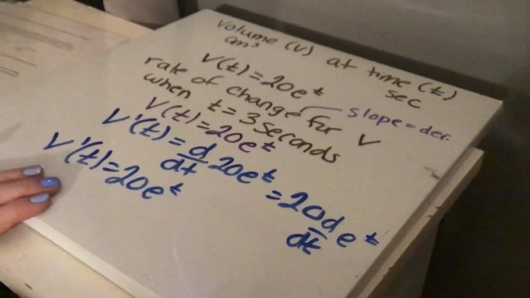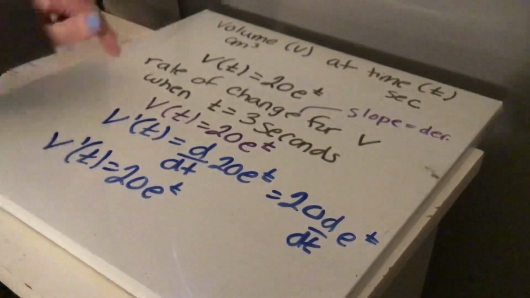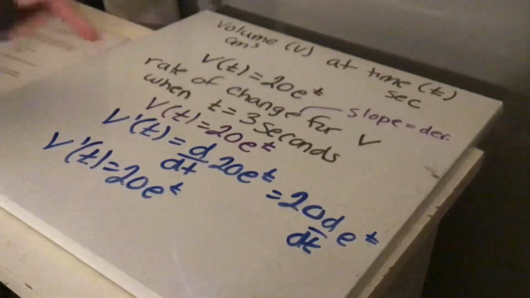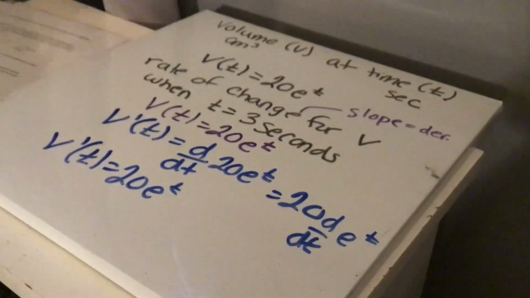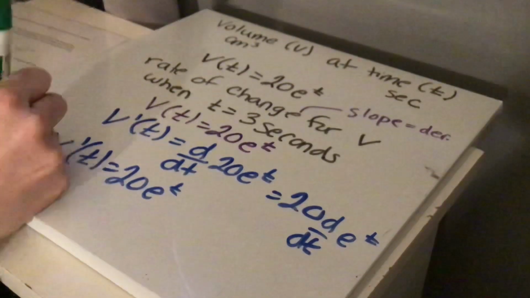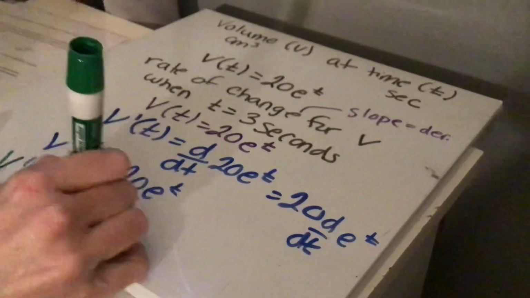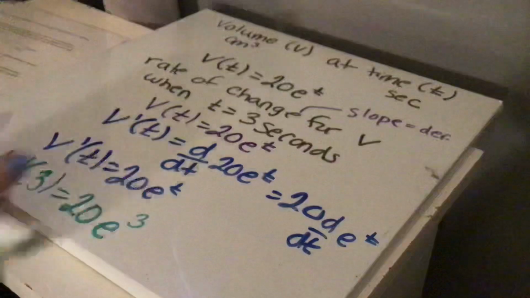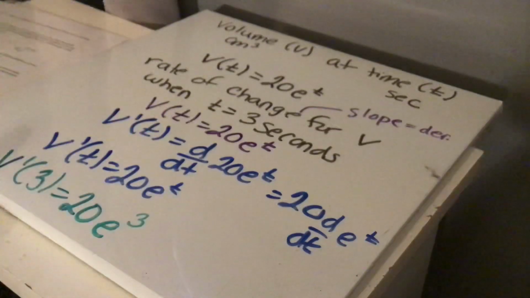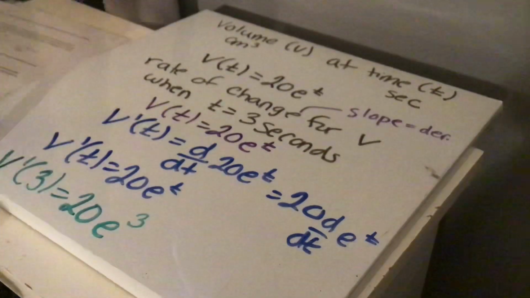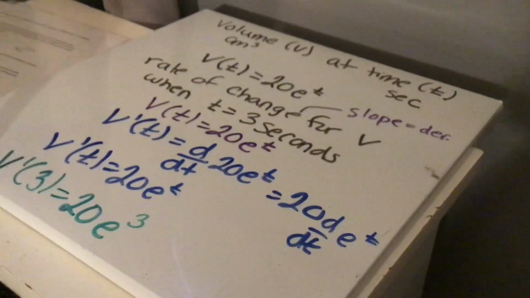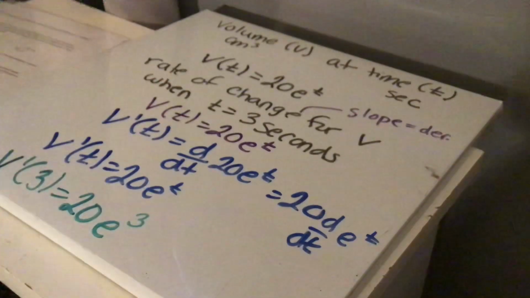So we found the derivative, but then we want to find the rate of change when t is 3 seconds. So you find the derivative first, then evaluate the derivative at the time you're given. So it's 20e cubed. Units on the derivative are the vertical over the horizontal.